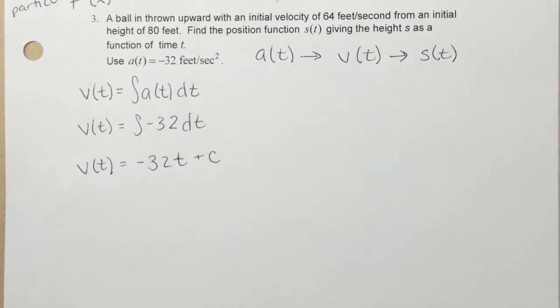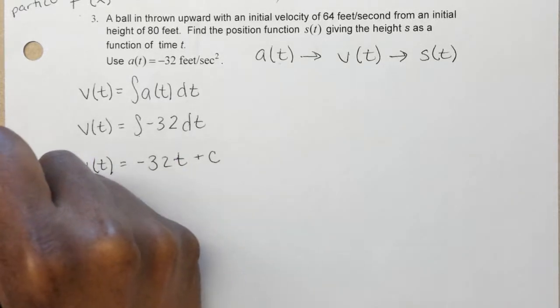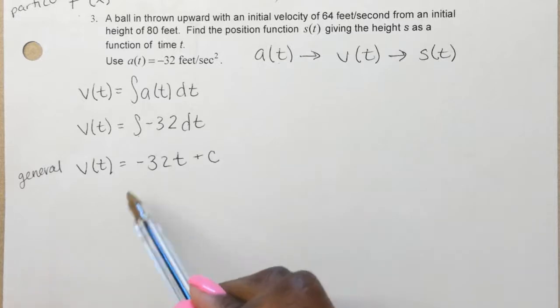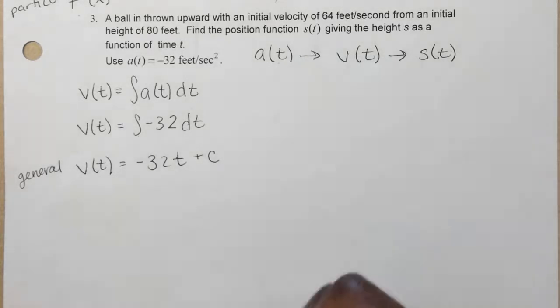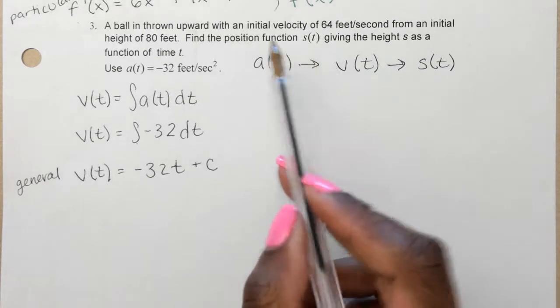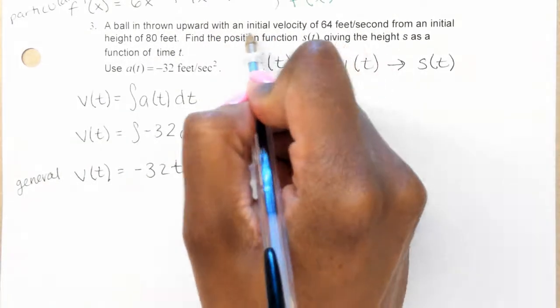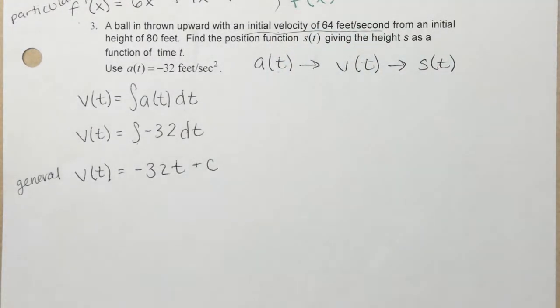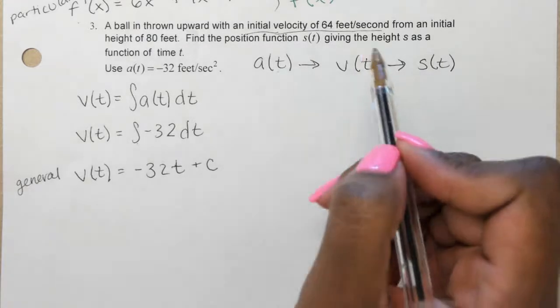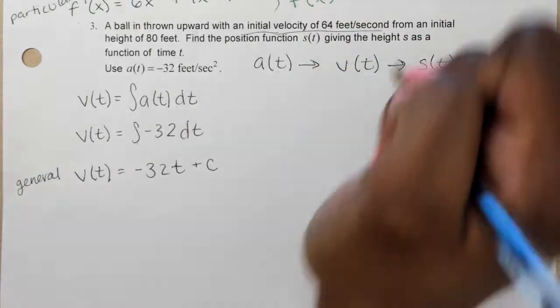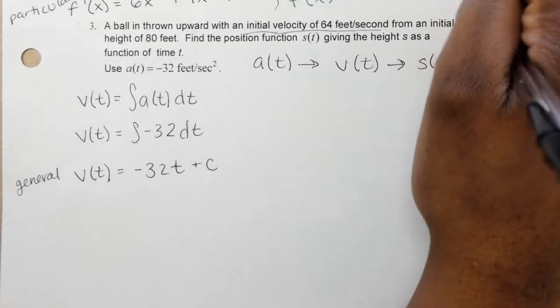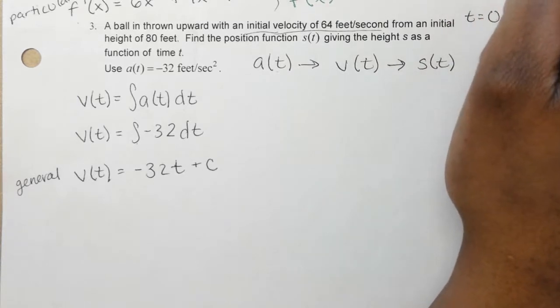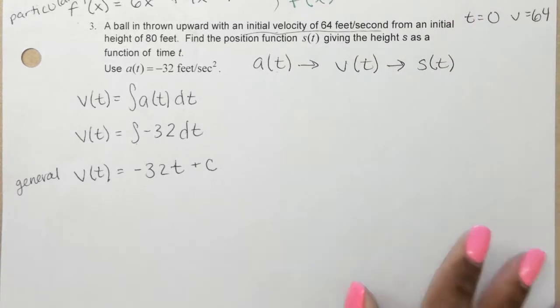Okay. So this is, again, the general solution. But to keep going, we're going to need the particular solution to integrate. So going back to what we know, this is saying that we have an initial velocity of 64 feet per second. So if it's the initial velocity, that means that at t equals 0, v is equal to 64.